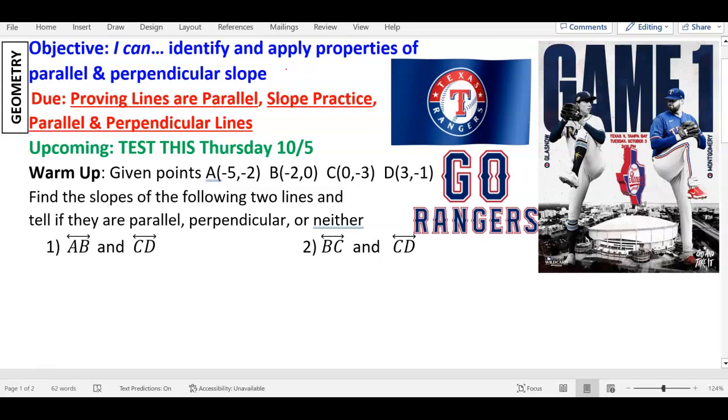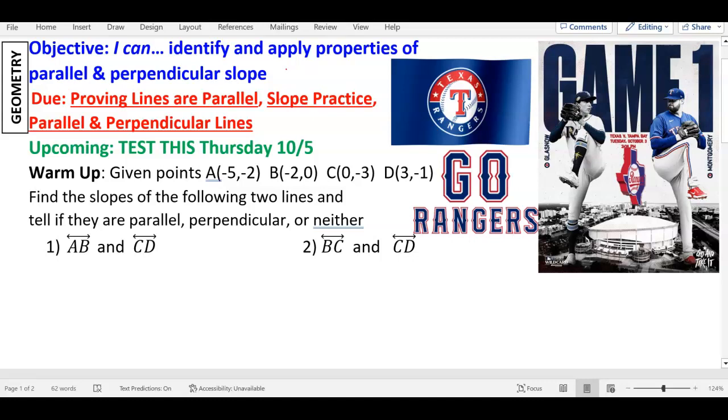Well, first, before we get started today, finishing yesterday's assignment, let's do this warm-up. This is a reminder on how to do this from what we did yesterday in the notes. Please. After the warm-up, jam out, okay? Is everyone looking up here? All right, number 1, I need to find the slopes of AB, find the slope of CD, and then tell me what kind of lines they are.